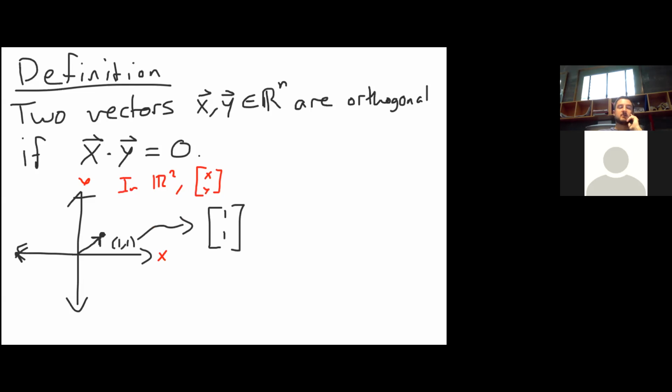And what orthogonal is describing is another vector that is perpendicular to it. So I can take another vector and I draw it, and if I measure the angle between the two vectors, then I would have a 90-degree angle. An easy way to create a 90-degree angle for this example is to go in the direction -1, 1.